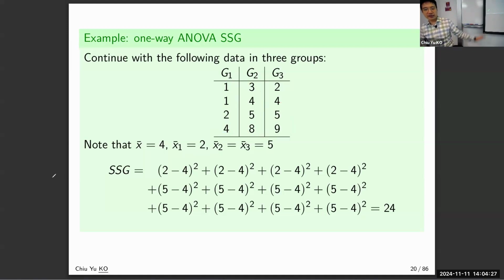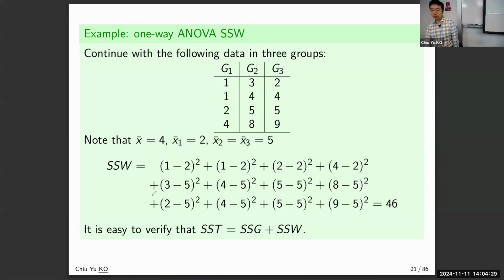So the last part is SSW, within group. That is not complicated, because now I use this data. Instead of 4, I subtract the 2. So these 2 are here. I go here, go down. 1 minus 2, 1 minus 2, 2 minus 2, 4 minus 2.